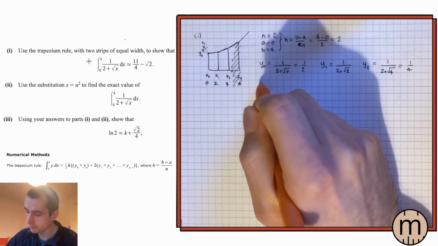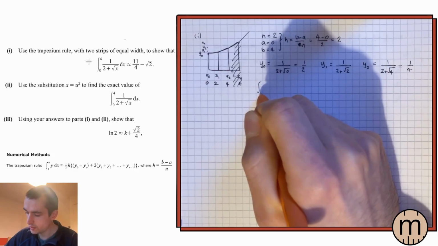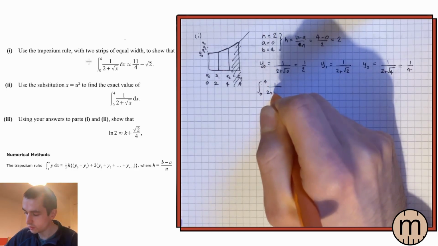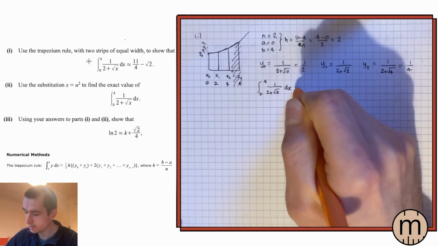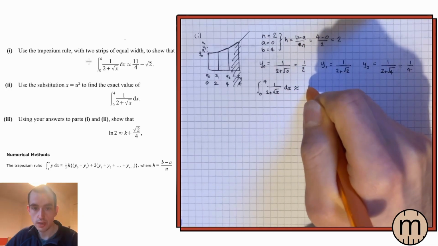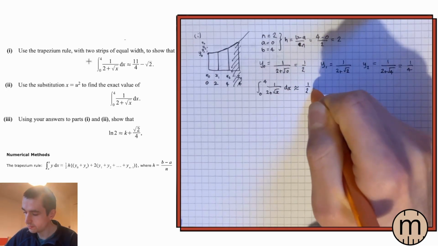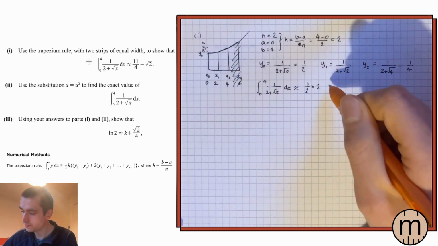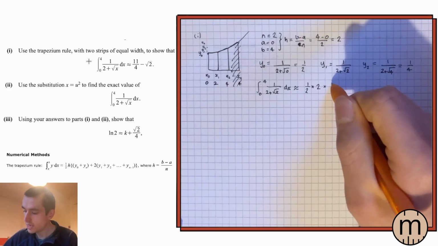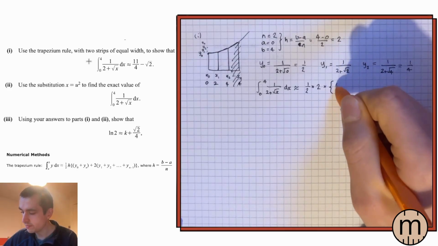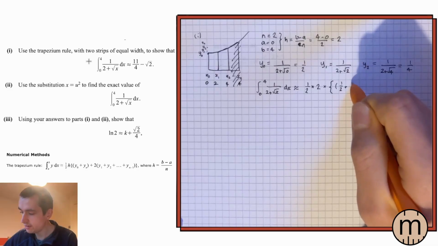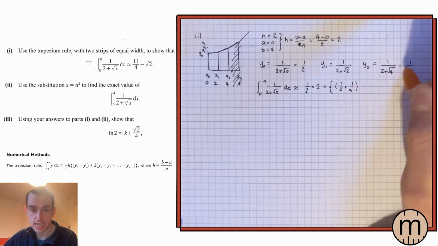Now we can get cracking with the formula. So the integral from 0 to 4 of 1/2 plus root x dx is going to be, according to the formula, 1/2 times by h, which is 2, times by, nice big bracket, y0, which is 1/2, plus yn, the last value.